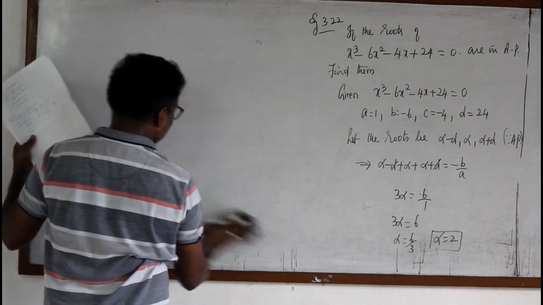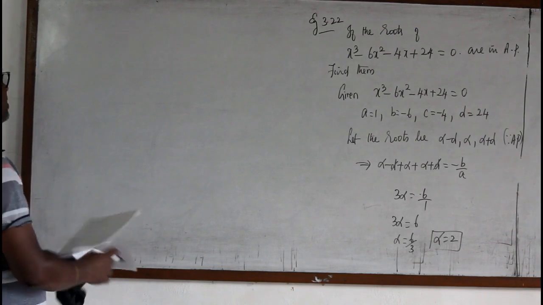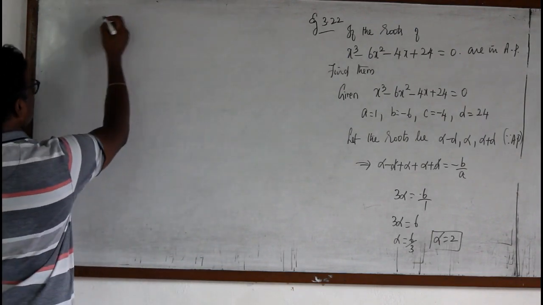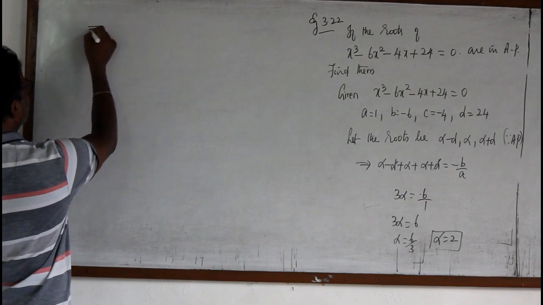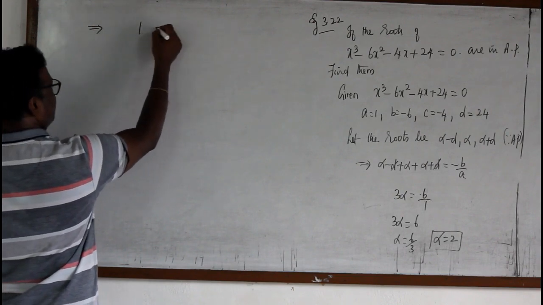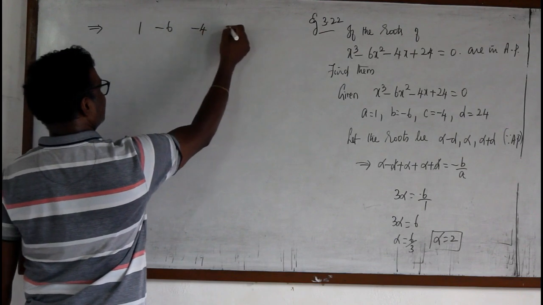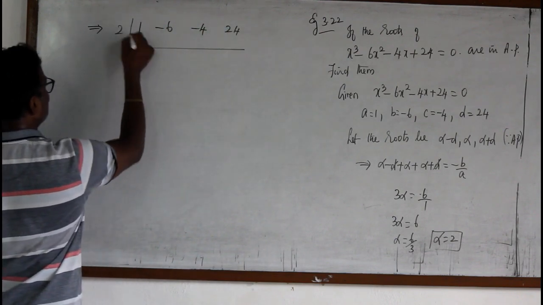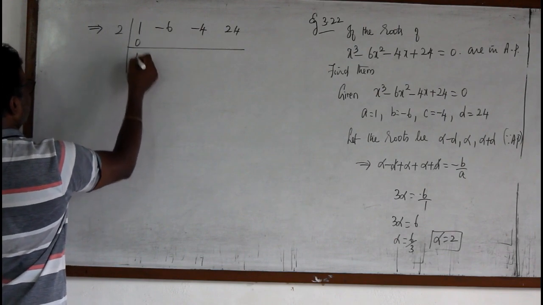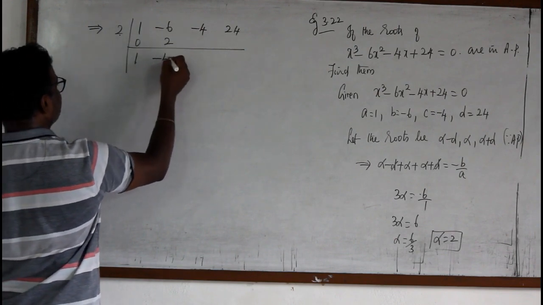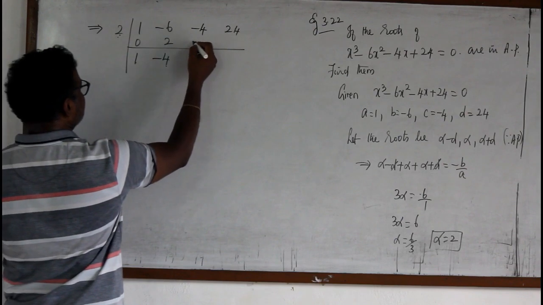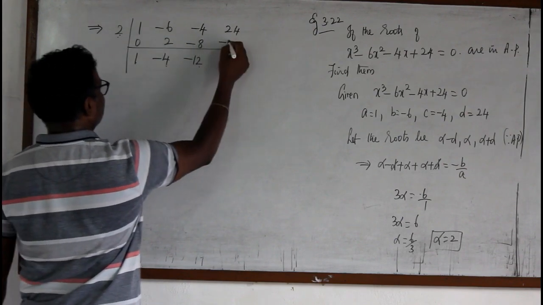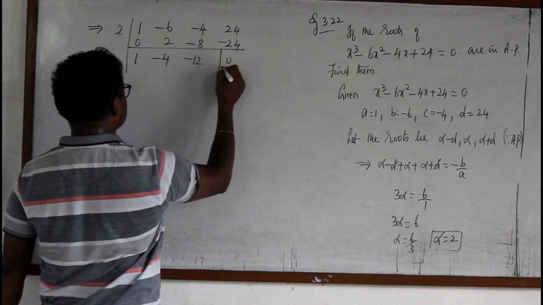Now, instead of finding some other relationship, I can go for simple division, because 2 is a root and will divide this equation. So take the coefficients 1, minus 6, minus 4, 24 and divide by 2. 1; 2 ones are 2, minus 4; minus 2 twos are minus 4, minus 8; minus 4 twos are minus 8, minus 12, minus 12 twos are minus 24, so the remainder is 0.